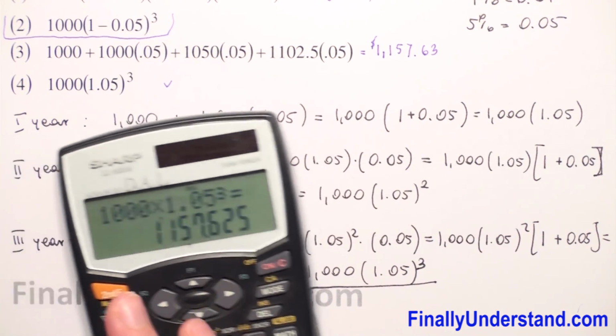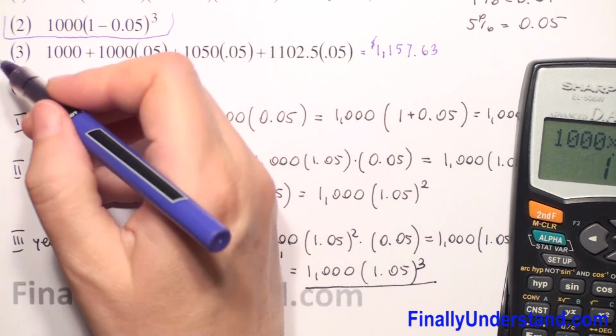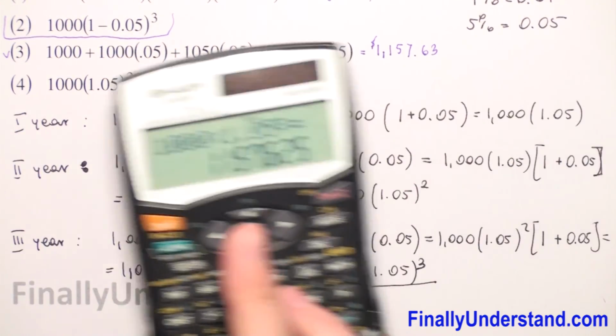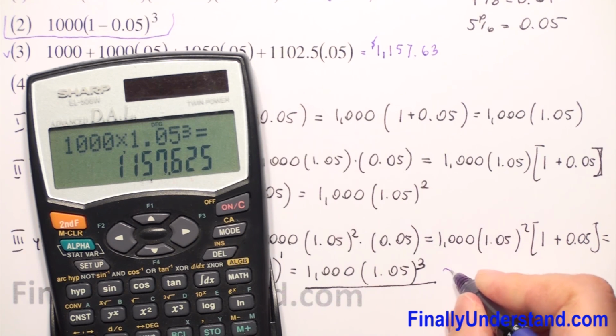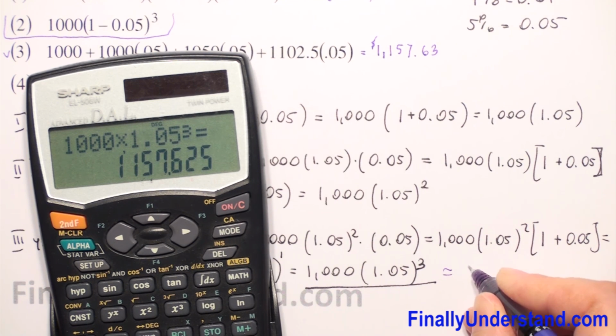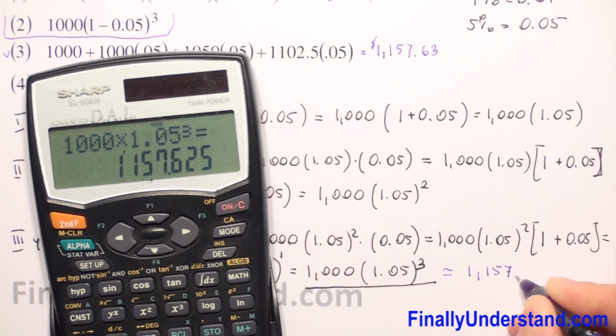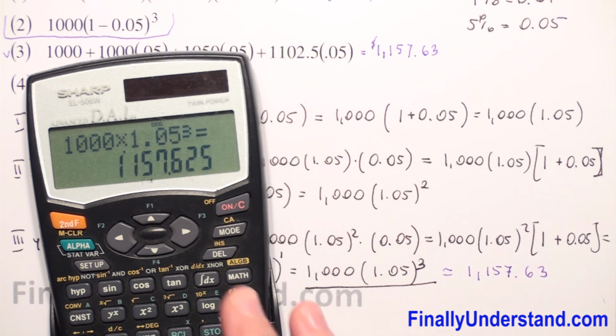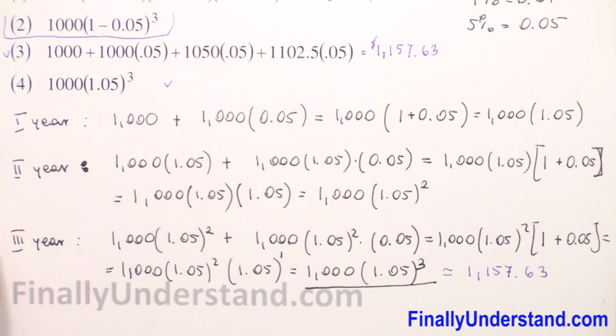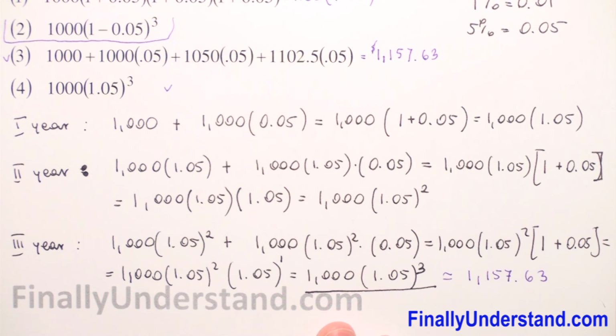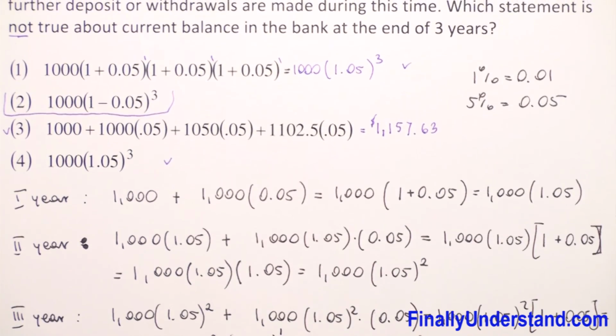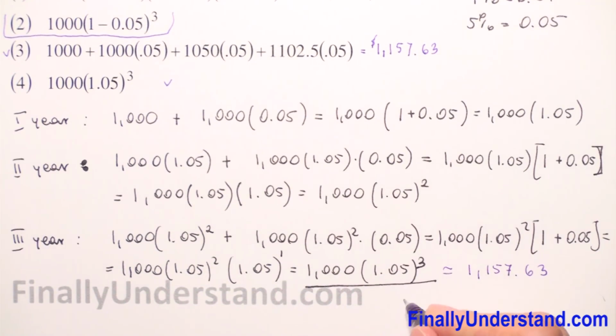So the third solution is also correct. This is approximately equal to 1,157.63. So the second solution, the second statement, is not correct. This is my solution.